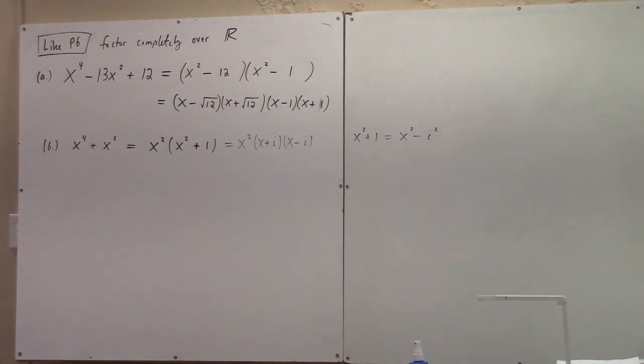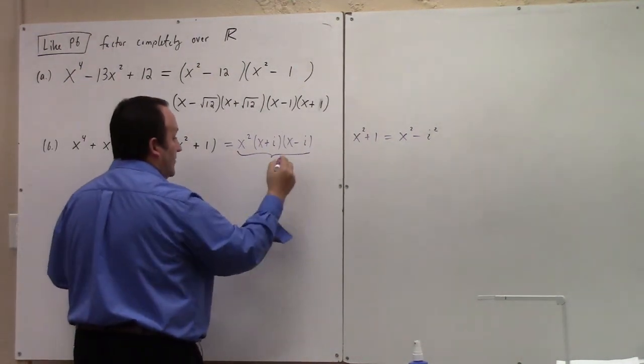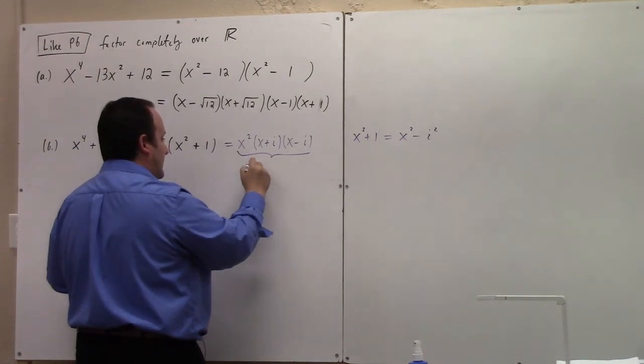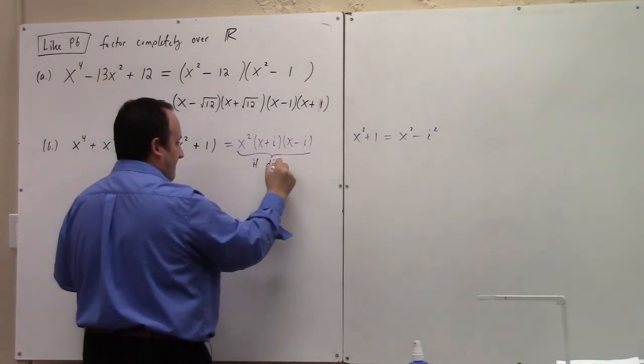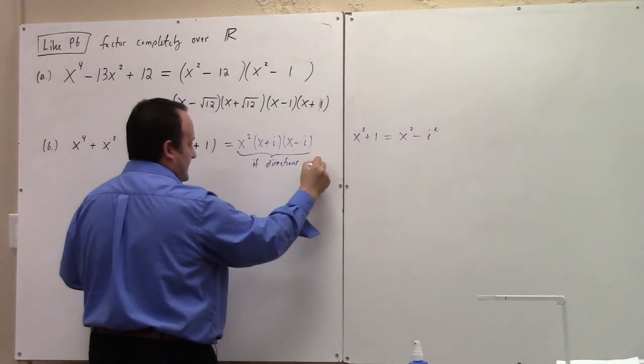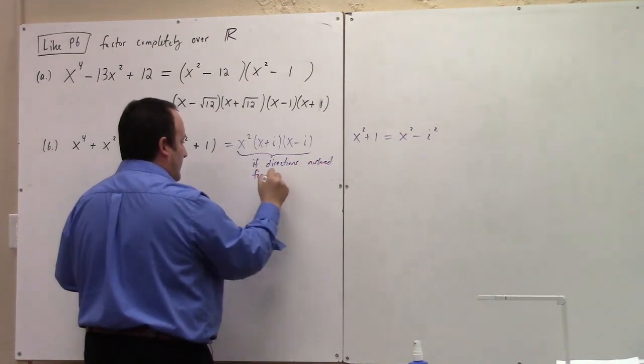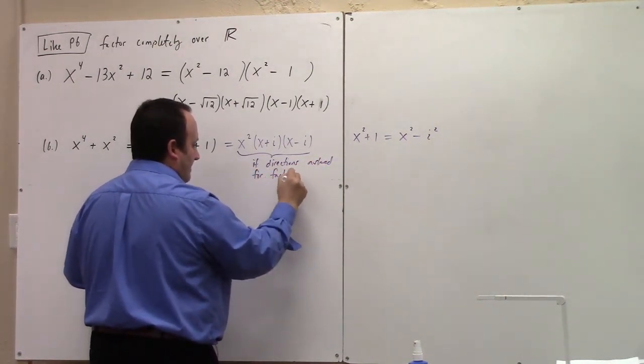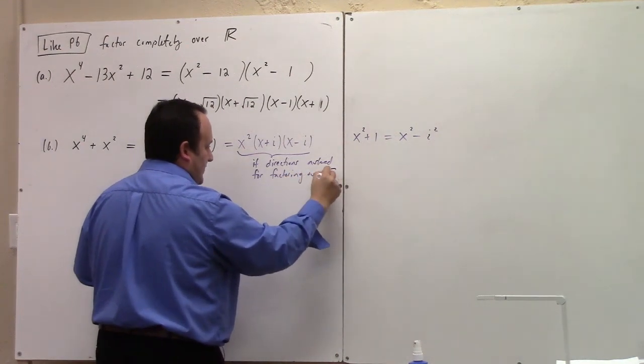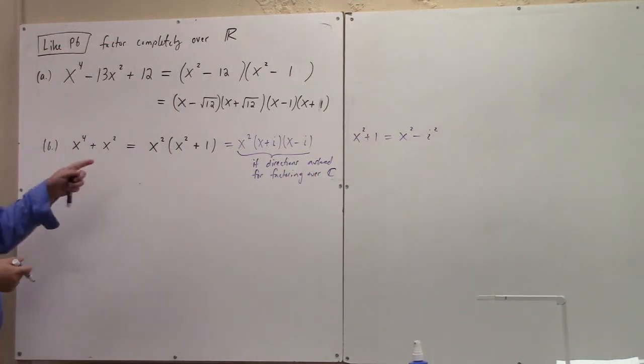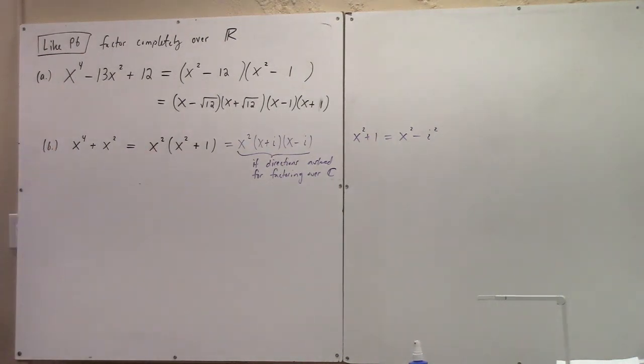But now that the directions say over the real numbers, did you have to know that extra step? Nope. So this is if directions asked for factoring over complex numbers. But if it doesn't, then we're done right here. We cannot further factor x squared plus 1 over the reals, because what we need to factor that is not available in the real numbers.